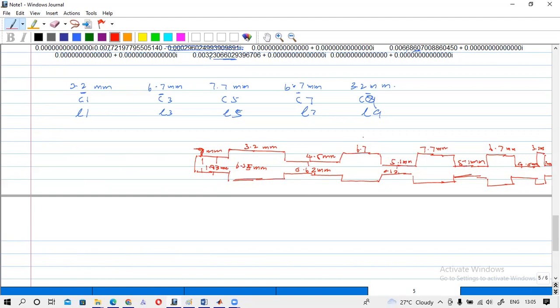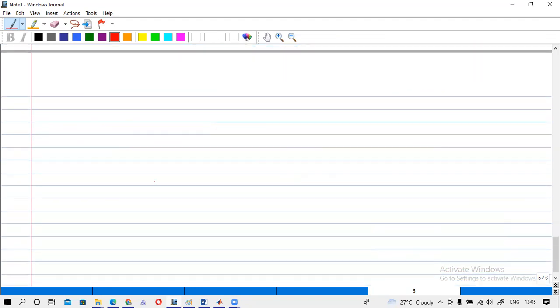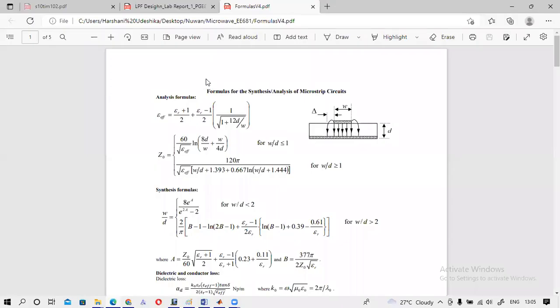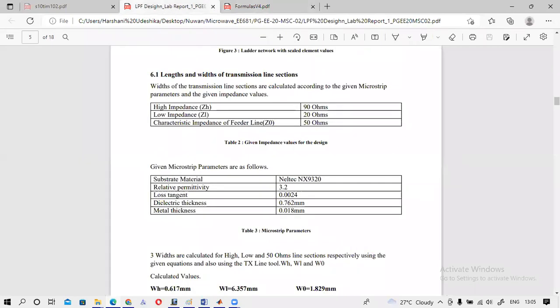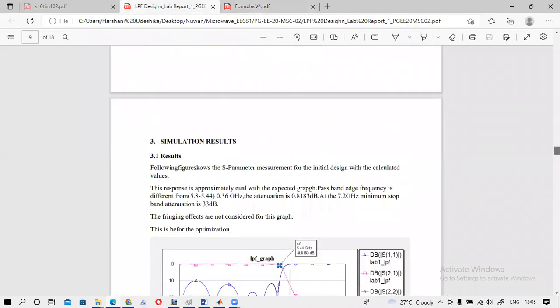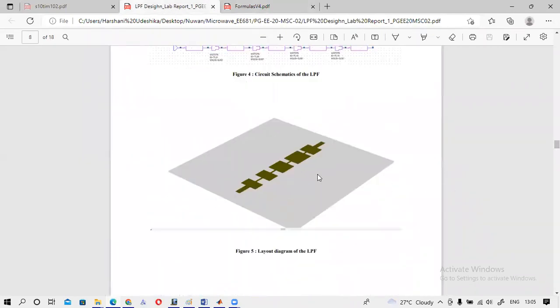Actually it looks like this. So this will be the transmission line. And this is the first capacitor.